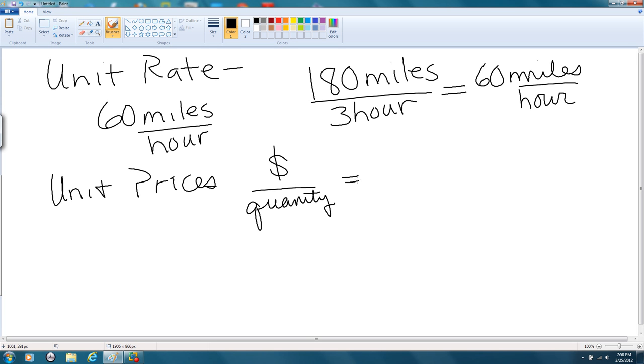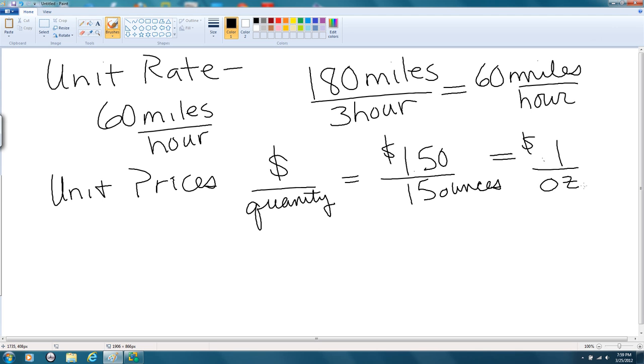So, for example, if I buy liquid soap for $1.50, and I get 15 ounces for that $1.50, then if I reduce that, I get 0.1 dollars. That's a decimal point, believe me. Dollars per ounce.